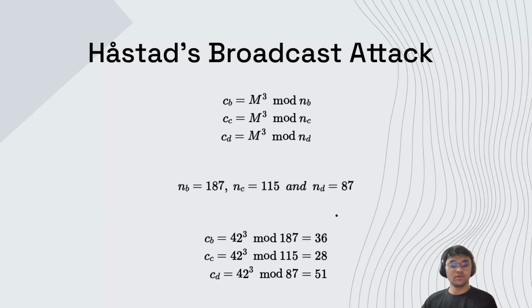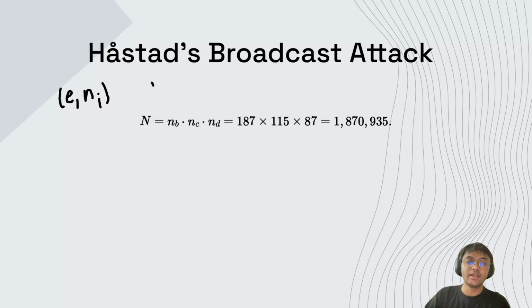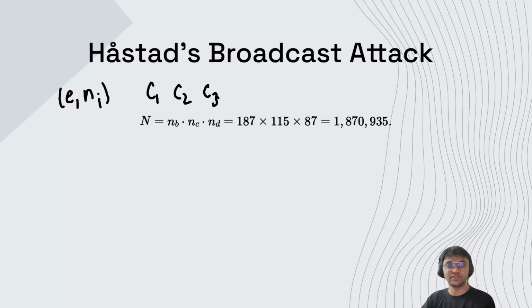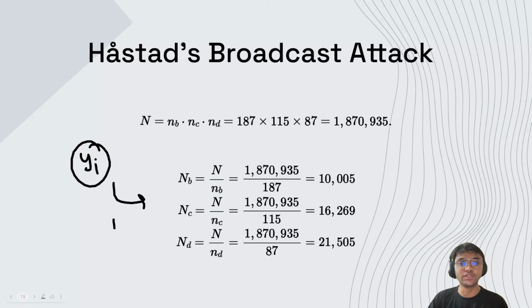Now, on Eve's part, Eve has access to E, the Ni's, and C1, C2, C3 because they have intercepted these ciphertexts. Now, they can construct N, which is the product of all these moduli, and it comes to this large number. Then Eve will calculate the Ni's.